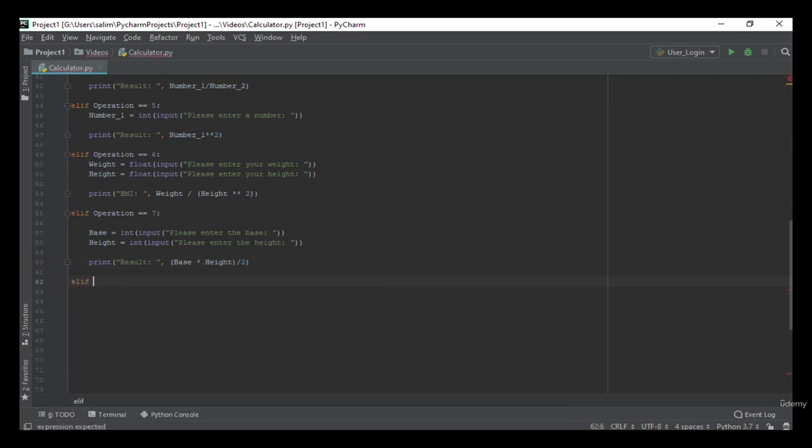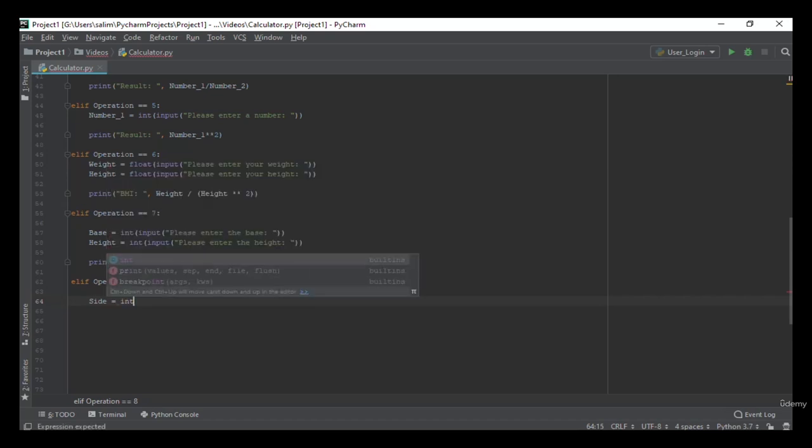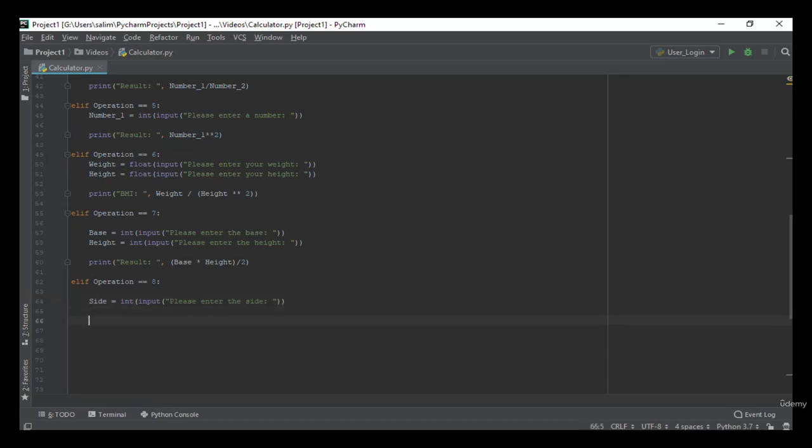So the eighth one is the area of a square. So we'll create a variable named side and ask for the value to be entered by the user. Print side times side.